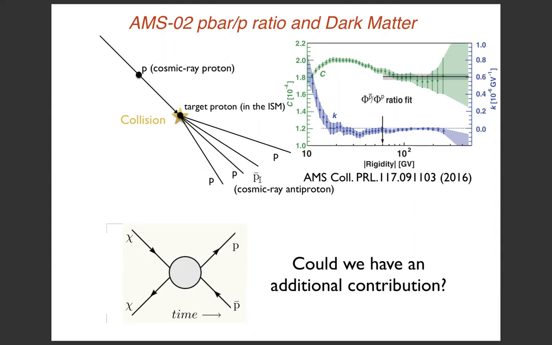So the question here is, could we have an additional contribution of cosmic ray antiprotons from, say, dark matter annihilations? When you have some dark matter particles, they annihilate to some combination of standard model particles, which then hadronize and decay, giving us, in the end, cosmic ray antiprotons.